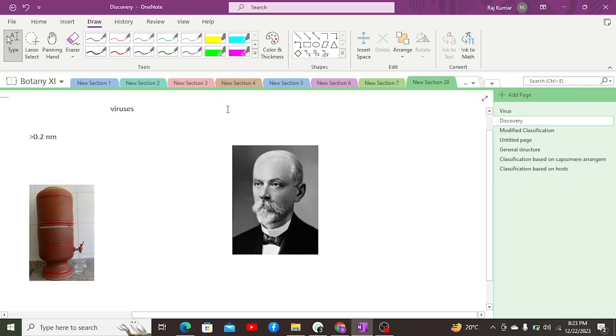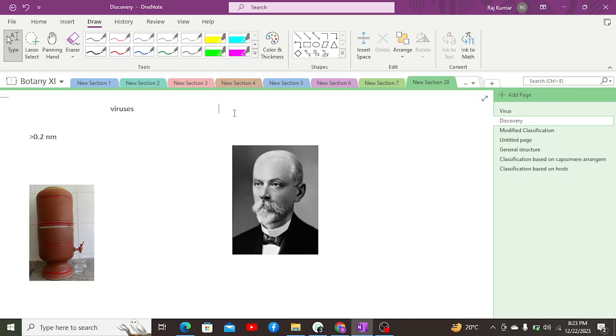Moreover, when we come to Ivanovsky, he actually did an experiment in which he took the pulp of an infected tobacco mosaic plant and passed that infected pulp through the porcelain filter paper.